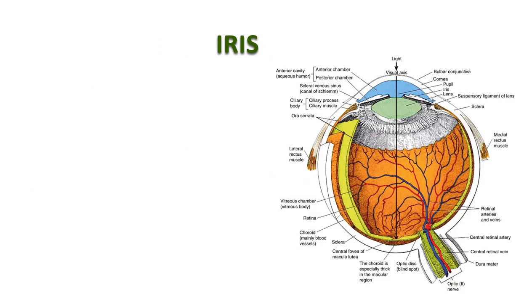Next, coming to the iris. Here you are able to see a circular pigmented contractile diaphragm. The iris also encloses an aperture which is called the pupil.